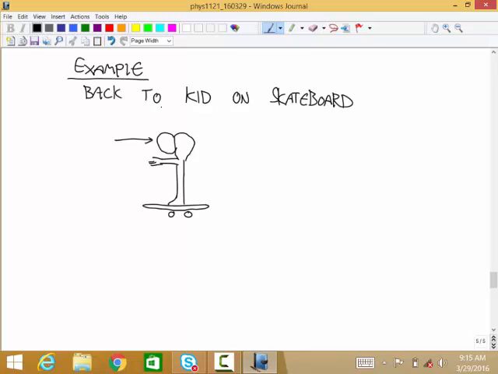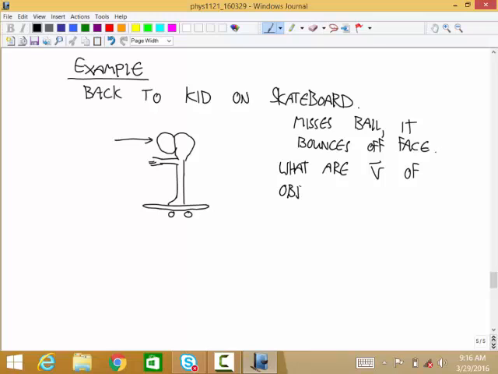And we're going to assume that kinetic energy is conserved in that collision. And the question is, what are the velocities of these objects after the collision? Immediately after the collision.